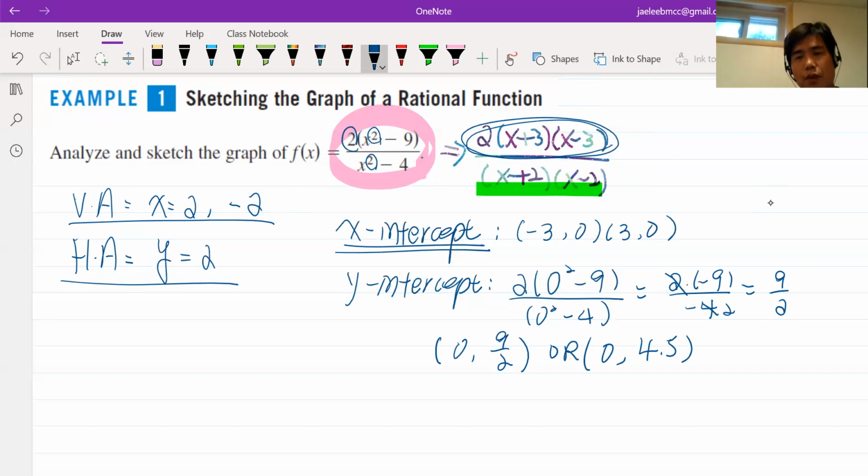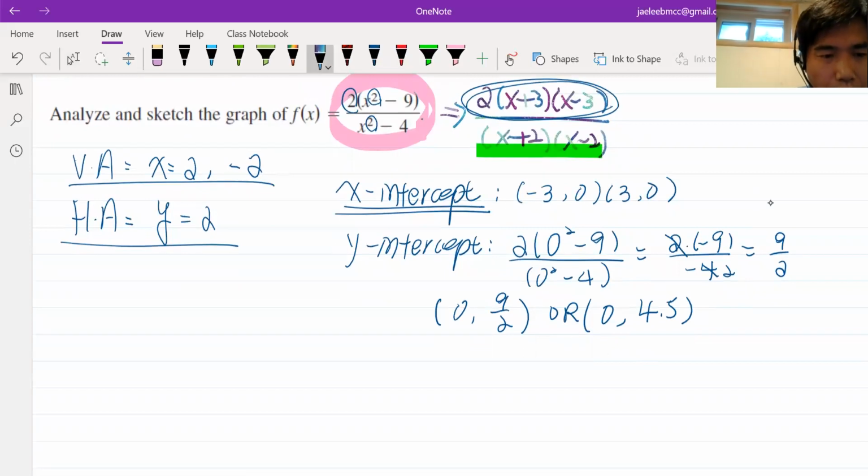So basically we found basic information like the vertical asymptote, horizontal asymptote, and x and y intercepts. Next, we need to find the critical values and then determine the intervals of increasing and decreasing. Okay, so let's start by differentiating this given function.